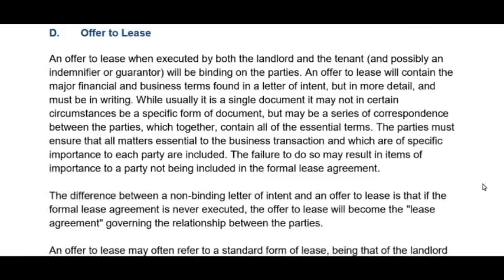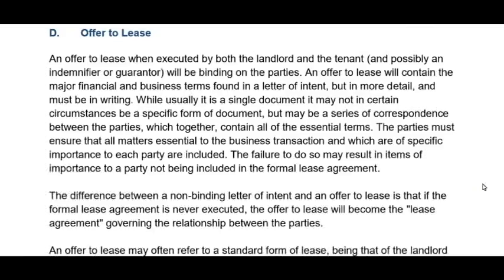D. Offer to lease. An offer to lease, when executed by both the landlord and the tenant, and possibly an indemnifier or guarantor, will be binding on the parties. An offer to lease will contain the major financial and business terms found in a letter of intent, but in more detail, and must be in writing.